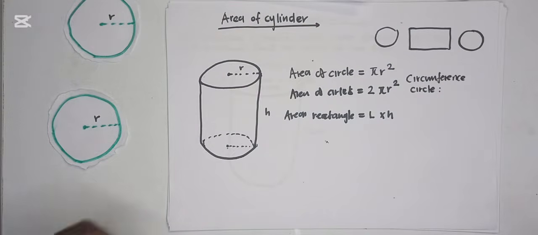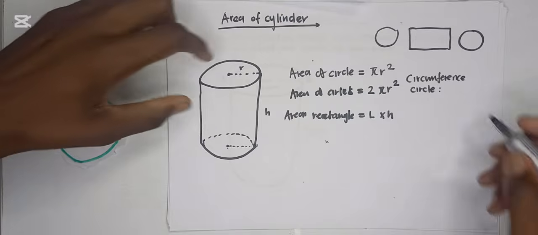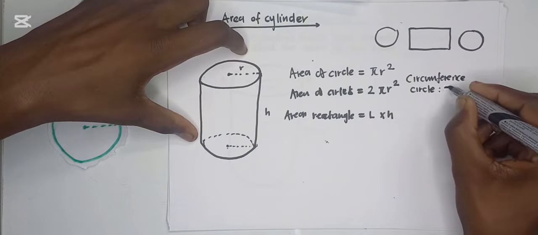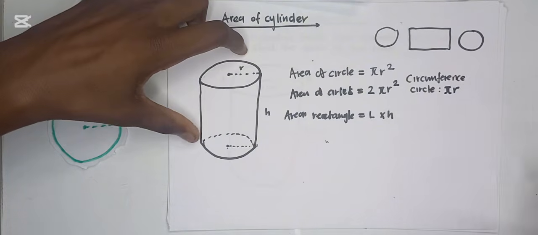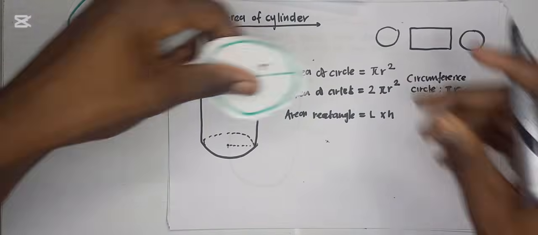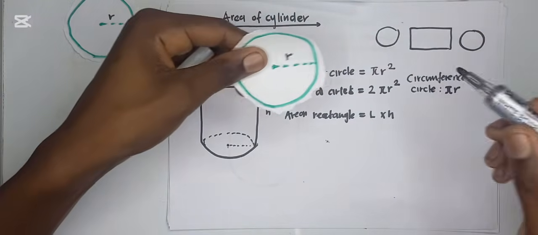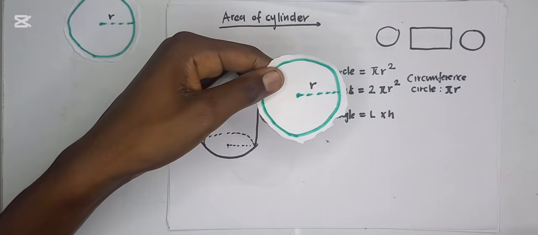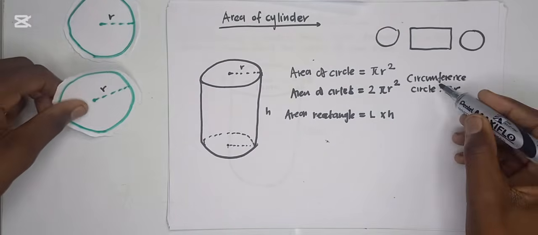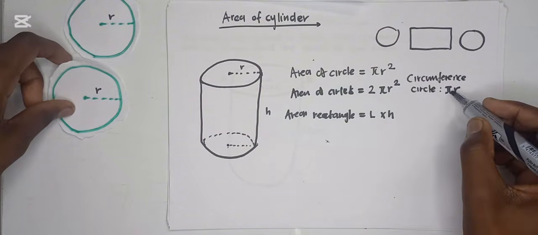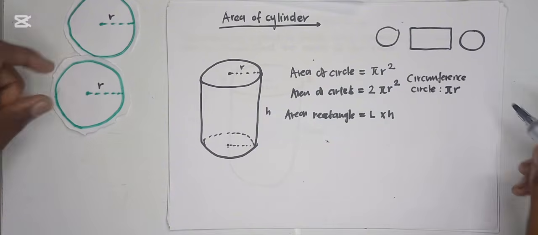A circumference of the circle has a measure. The area of a circle is equal to pi r squared. But the circumference of the circle is equal to pi r. Perfect.